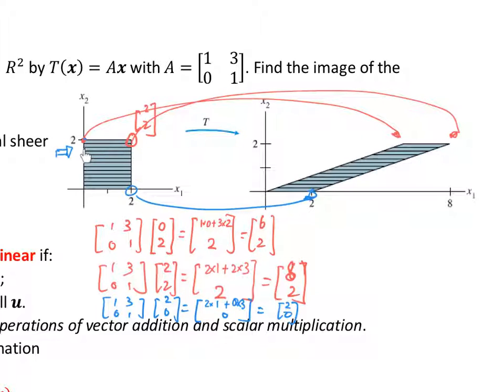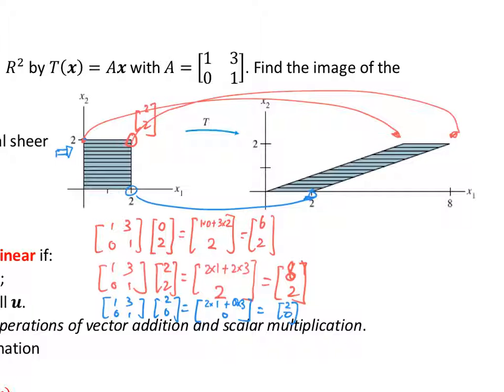It depends on where this horizontal line is. If the horizontal line is in the x-axis, it stays the same. The higher the horizontal line, the further out to the right. So this is what this shear transformation does. It is being pushed horizontally to the right.